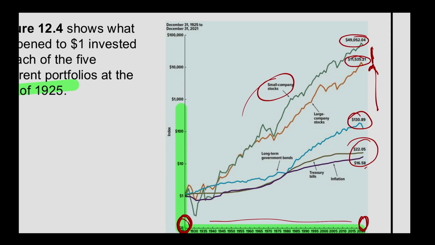So what's embedded in here is a lot of trading. So if we were to actually try to replicate these lines in real life and actually have a portfolio that represented that portfolio in 1925, and then we'd update it in 26 and 27 and 28 and so on.